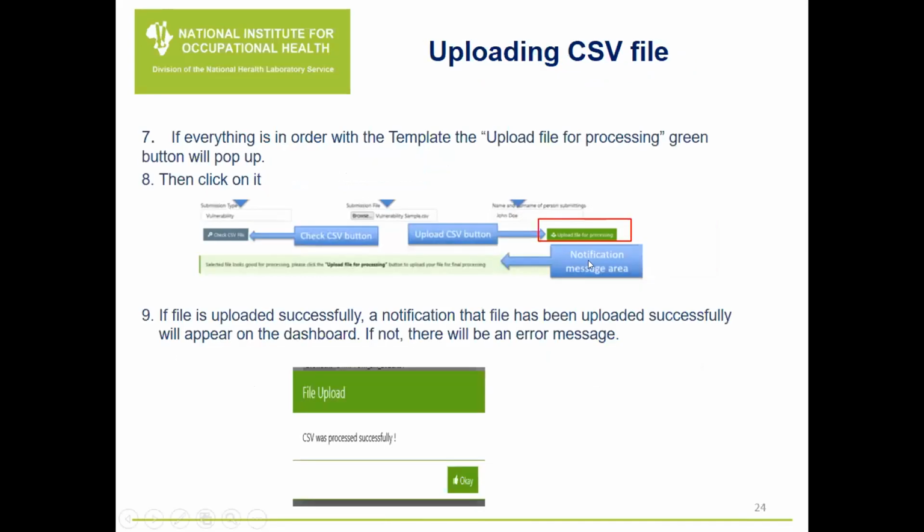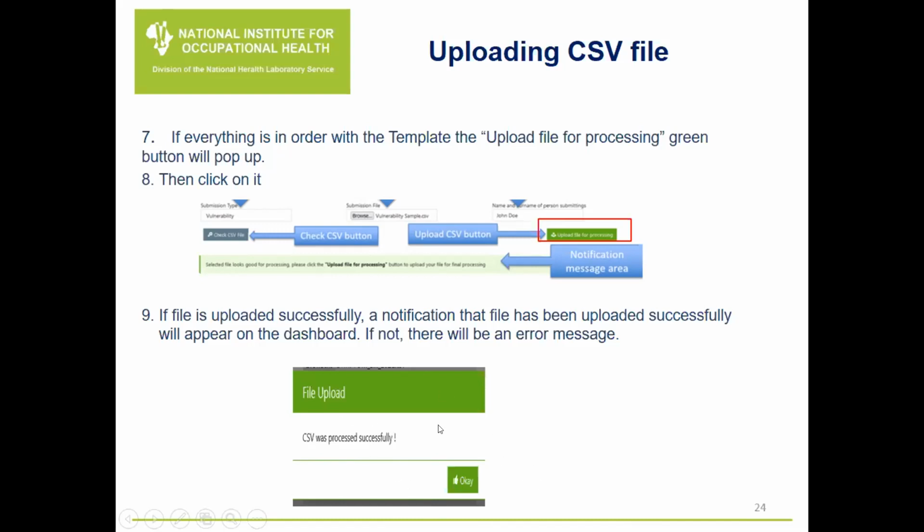So this is the green button that I was talking about. If everything is in order with your template and it matches the expected template, this green button will pop up, and you will click on it to upload the file. And then this is what you should see, the green notification that the CSV was processed successfully.